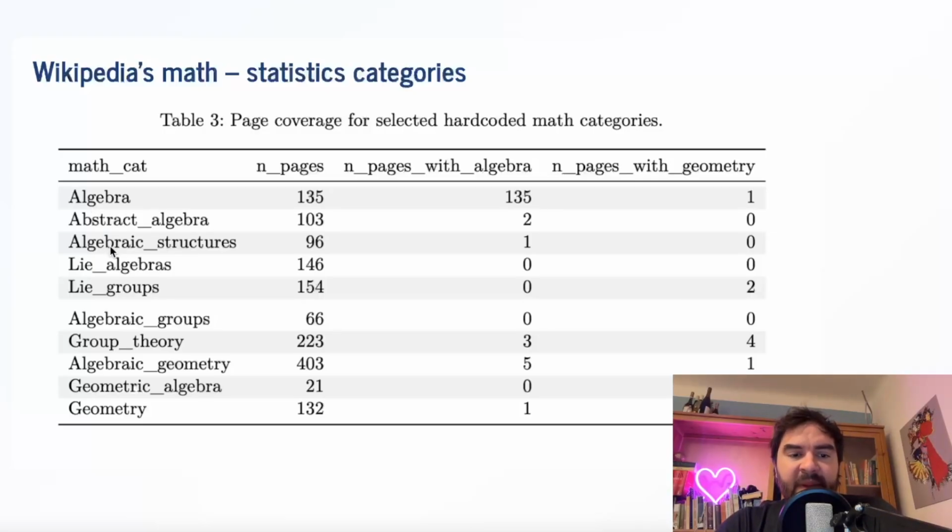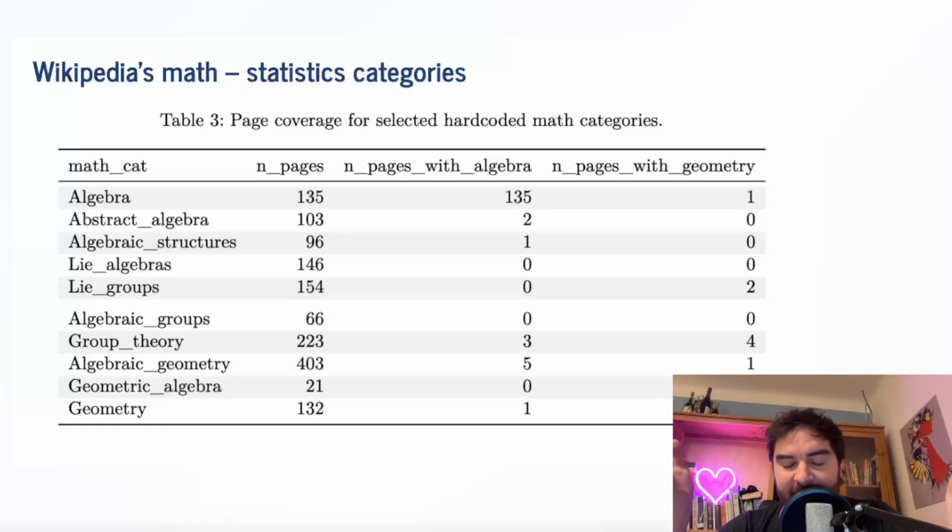And of course, there's geometric algebra and algebraic geometry. They clearly overlap. If you take polynomials, where do they belong? Where do they not belong? Here you see that algebra has 135 pages in it, but algebraic geometry has over 400 pages, and there's an overlap: 5 pages belong to both algebraic geometry and algebra.